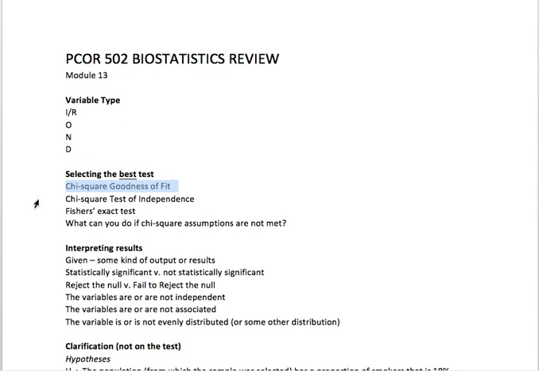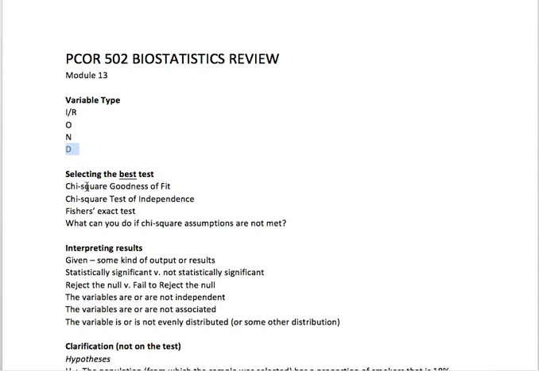On the other hand, a chi-square test of independence, which could also be called the chi-square test of association on your CPH exam, requires that you have two categorical variables, and that can be any combination. It could be dichotomous with ordinal, ordinal with nominal, two dichotomous variables, two nominal variables, two ordinal variables.